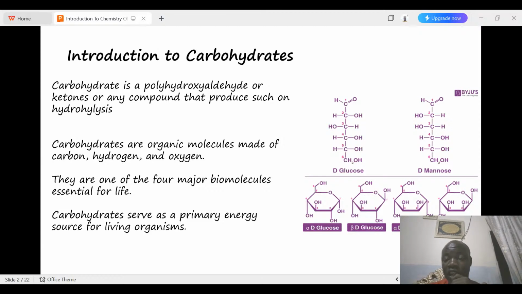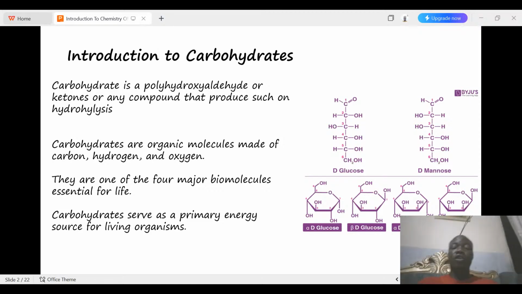Please, ladies and gentlemen, can you see the carbon to oxygen double bond in the D-glucose and the D-mannose? Did you see it?